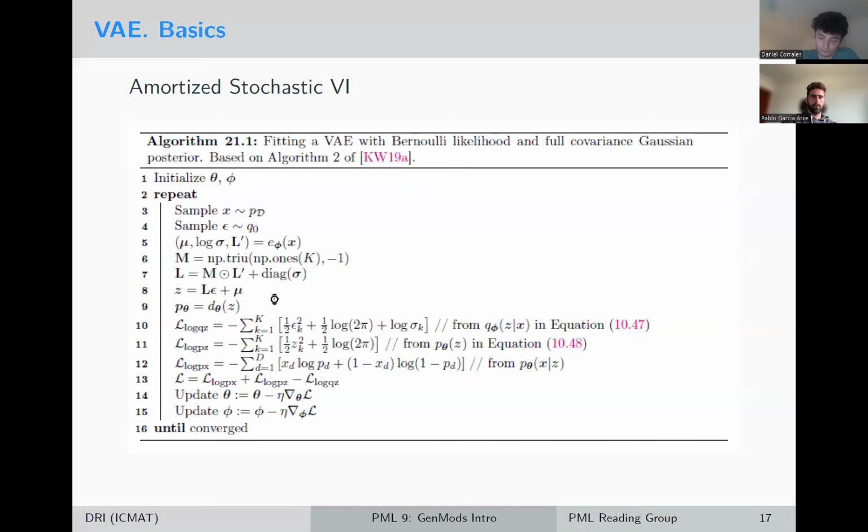It uses the reparametrization trick that Pablo described, and then uses gradient descent to do the updates. So basically, this is a particular case of the algorithms that were described in session 2.